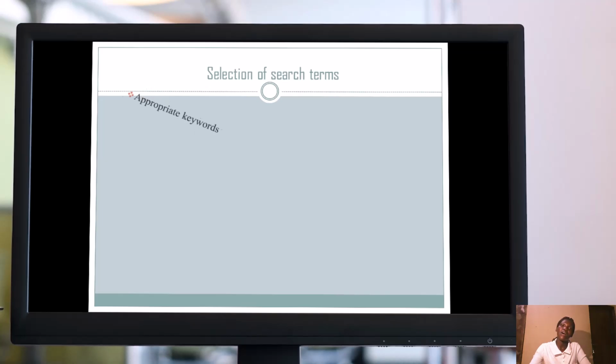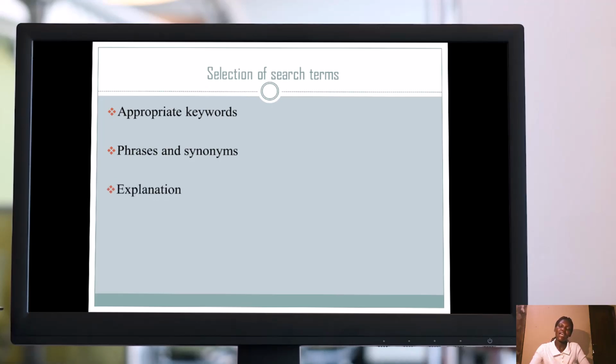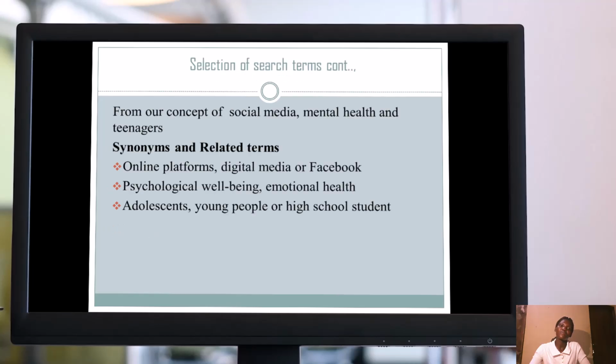Then now, after we select the search terms, after we get the appropriate keywords, the phrases and the synonyms, the words that can mean the same or that can move together, and then we get the explanations and then the examples. Then after this, we see the synonyms and related terms.